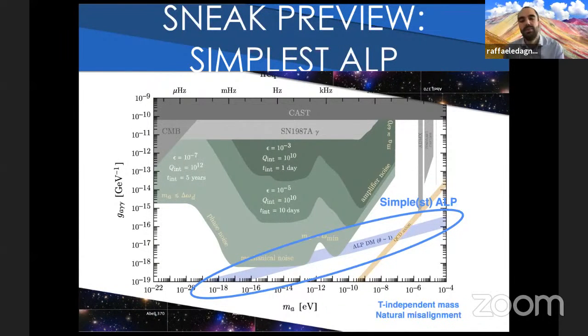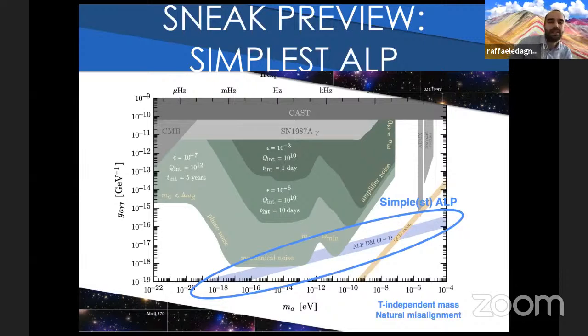So I would say that this blue line is the simplest way to have axion-like dark matter if its potential doesn't come from QCD, but comes from some other sector that is always cold compared to us. Of course, I could have drawn a million other targets. This is just to give you an idea of something that is, in my view, as complementary as possible to the QCD line.